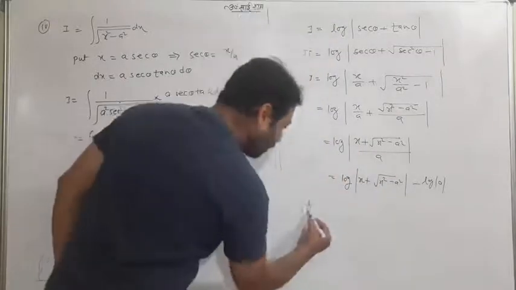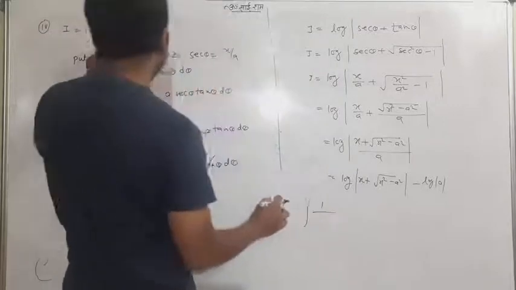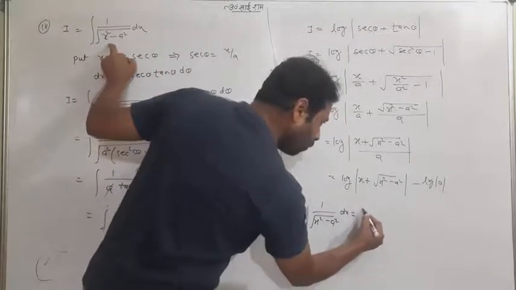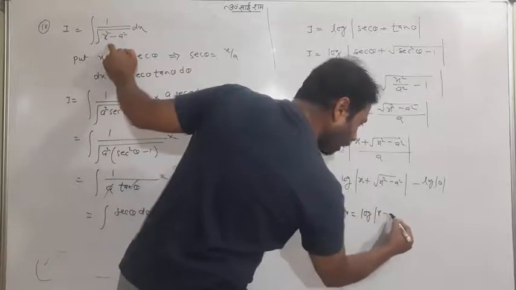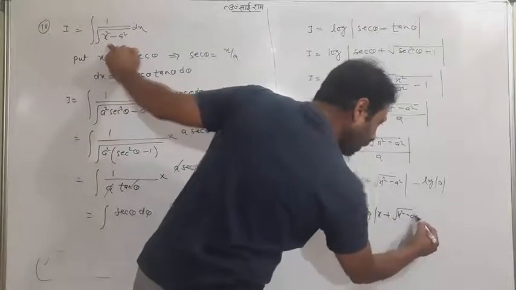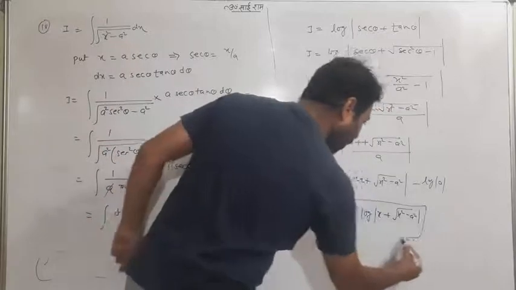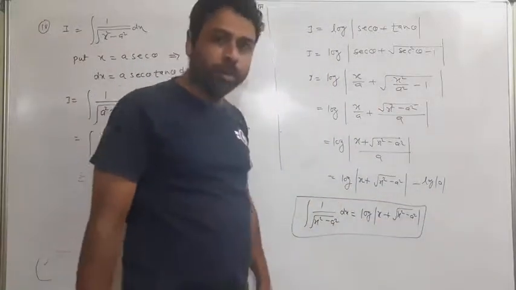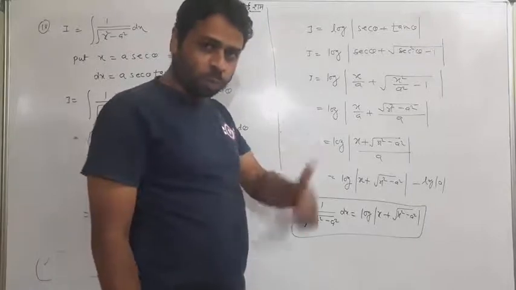So in case of only the formula, that is 1 upon root of x square minus a square dx, we have log of x plus same. So this is the formula. I have avoided log a because it is a constant and ultimately will be placed there when we do the question.